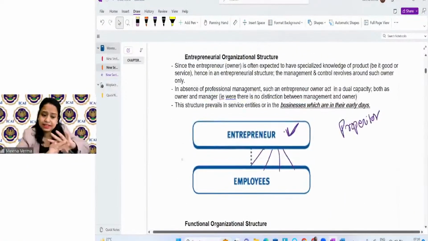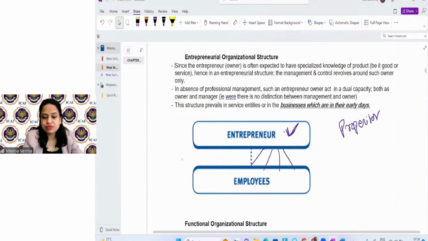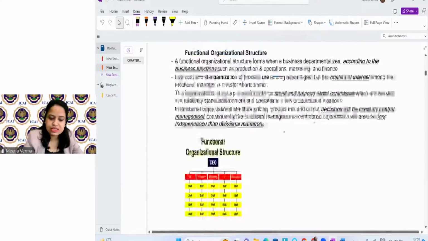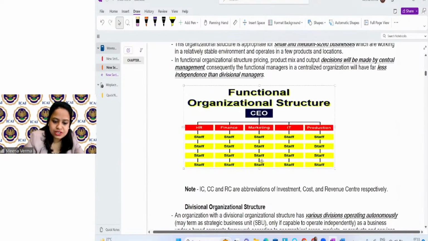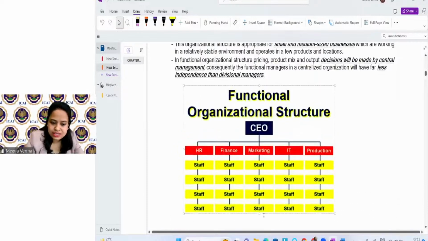We are first learning the different structures of the organization. Okay? So this is one of the structures of the organization. What is the second structure of the organization? Functional organization. So what type of organization is this? There is one CEO in the company and then different functions.